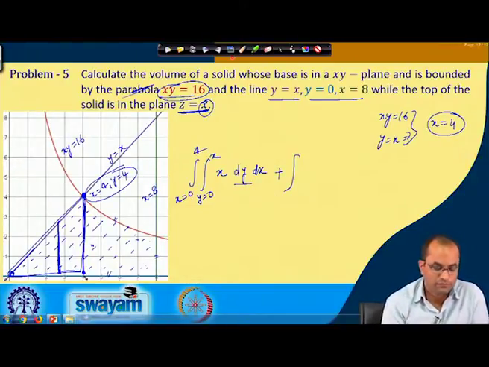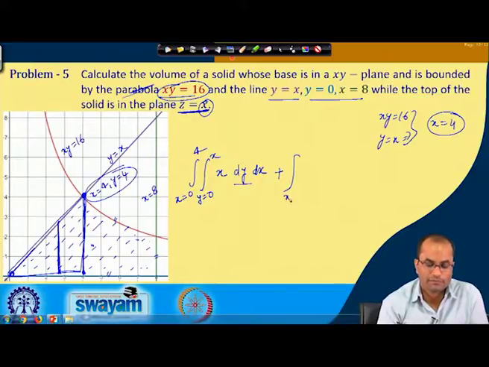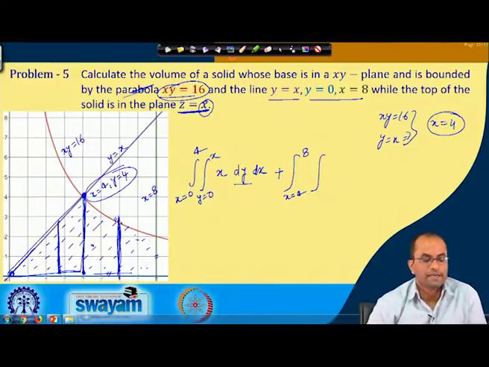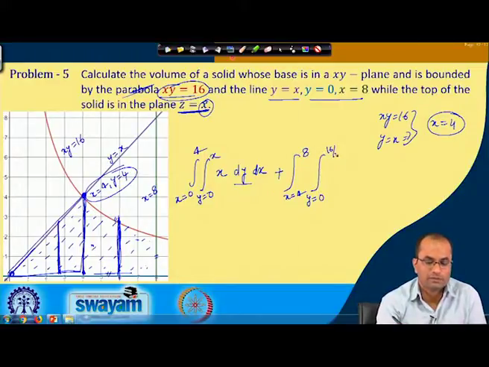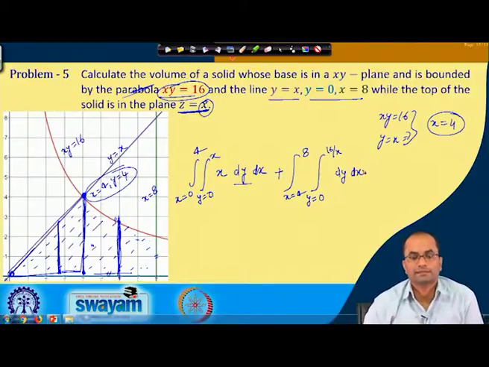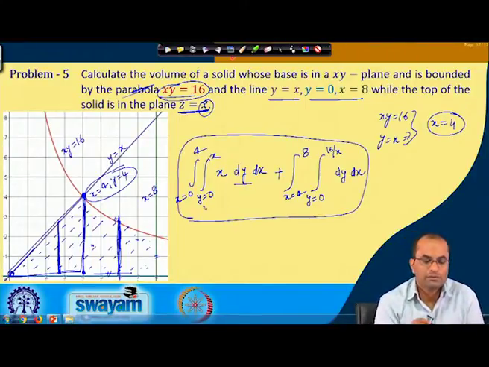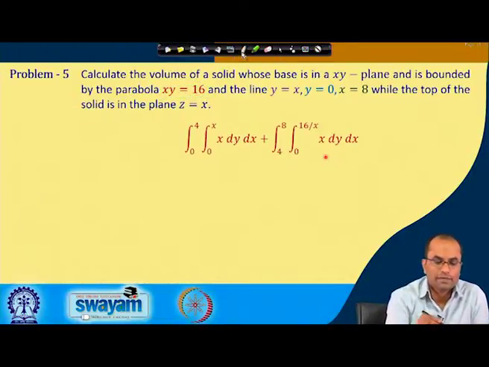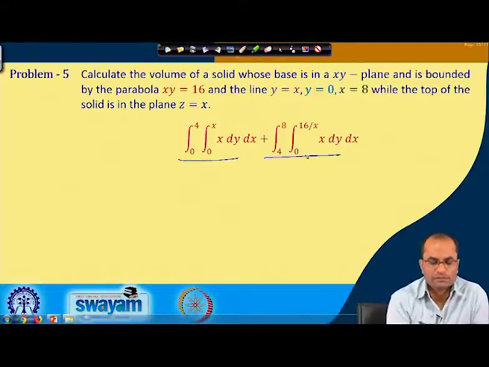For the other one, x will vary from 4 to 8, and for y it is again y equals 0, but now up to xy equals 16, so y goes from 0 to 16 over x, with dy and dx. This integral we will compute, which is given here. Each of the integrals is simple. So, the first one is 0 to 4 and then with respect to y.